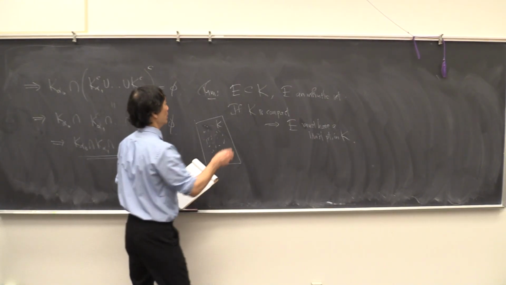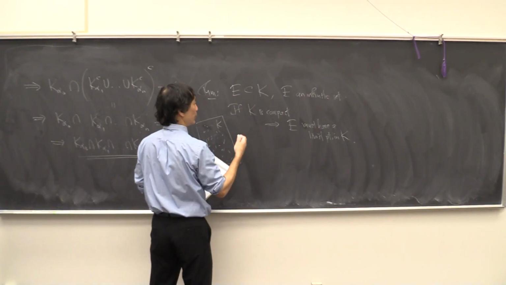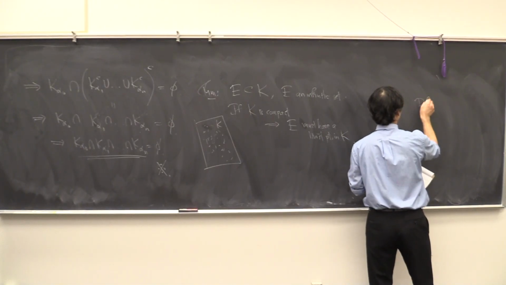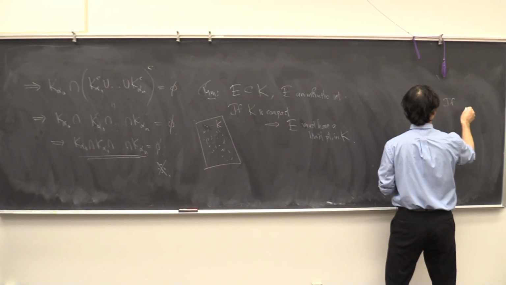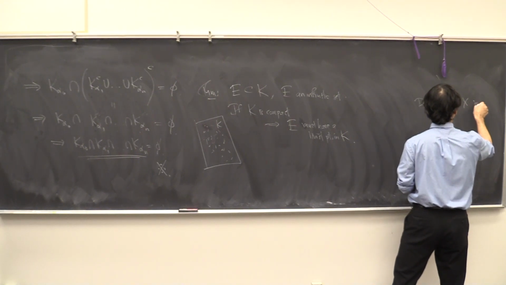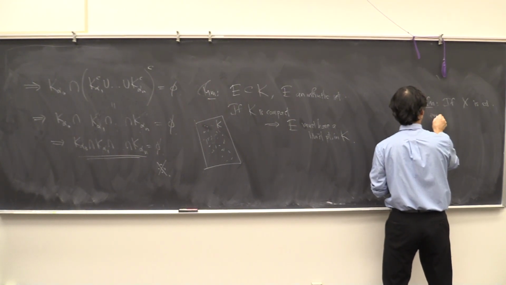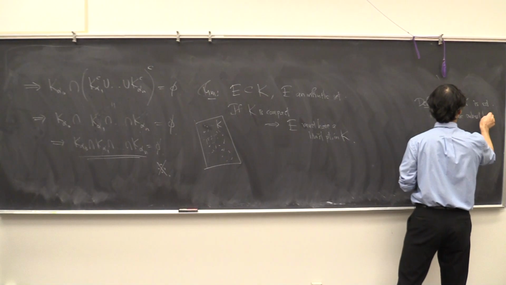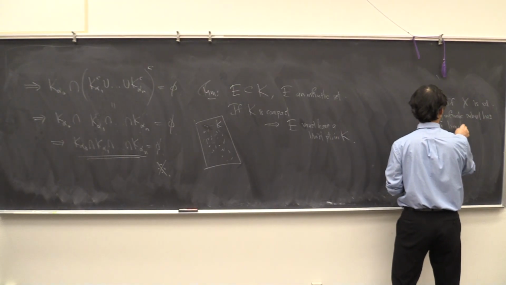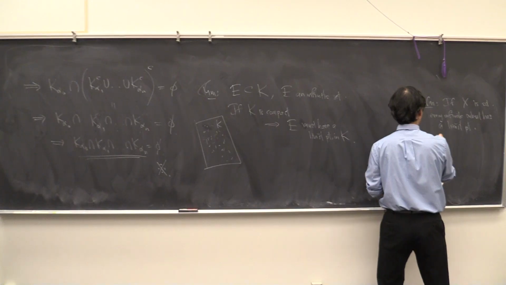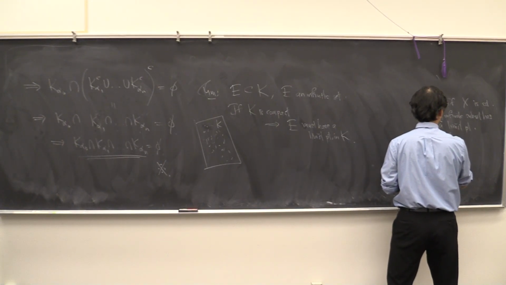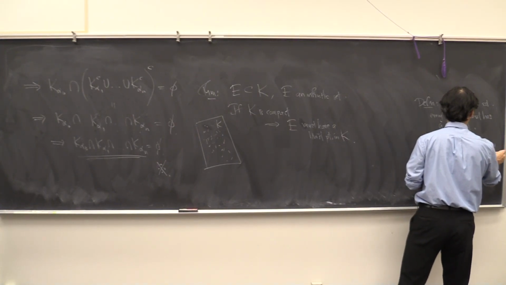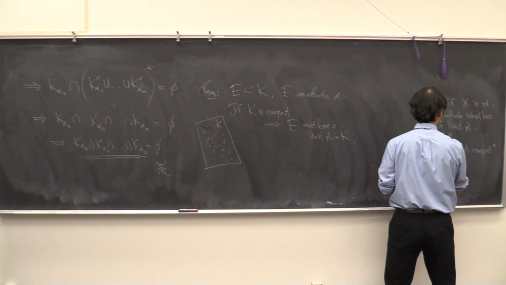This is called the Bolzano-Weierstrass property. I guess maybe I should define it here. If a set has the property that every infinite subset has a limit point, we call it limit point compact, or sometimes people call it Bolzano-Weierstrass compact.